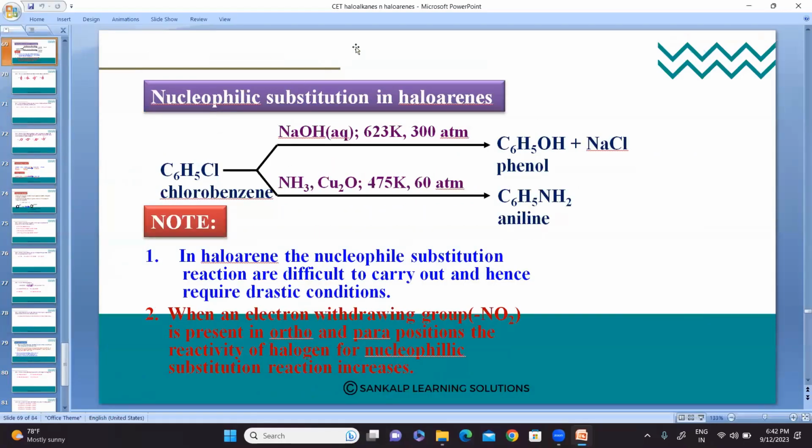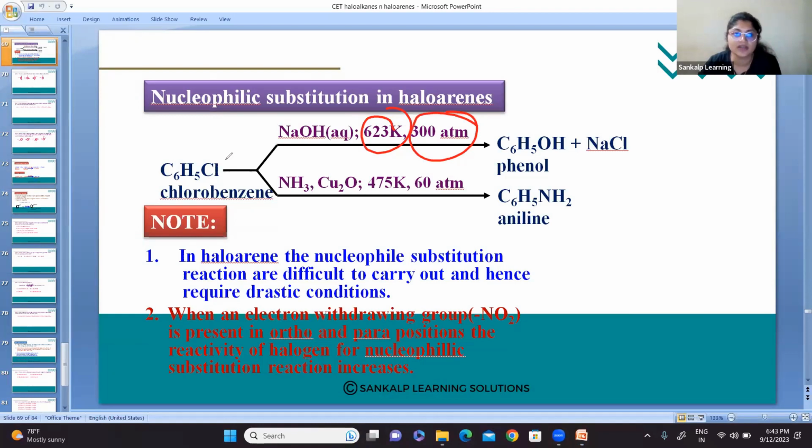When chlorobenzene is reacted with NaOH, that is a base, at 623 Kelvin and 300 atmospheric pressure, this Cl, that is the chlorine atom, will be replaced by OH. It forms phenol. So what is happening here? I'll write the structure, you will understand it more clearly.